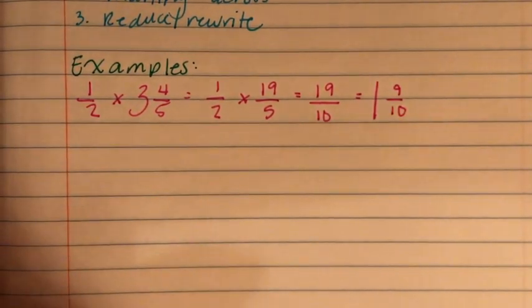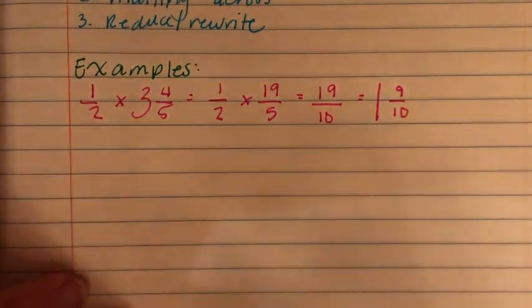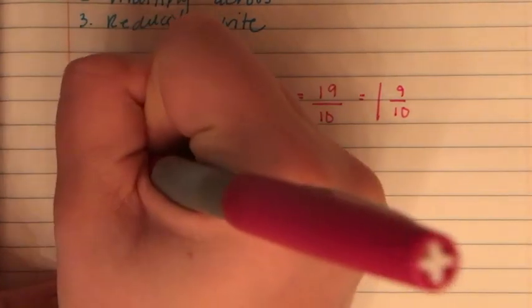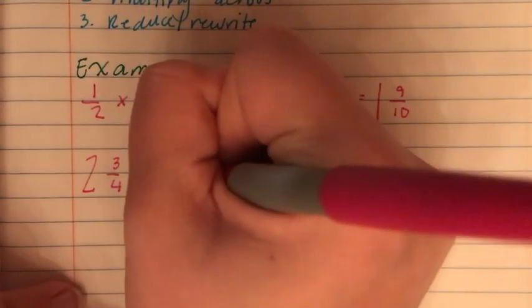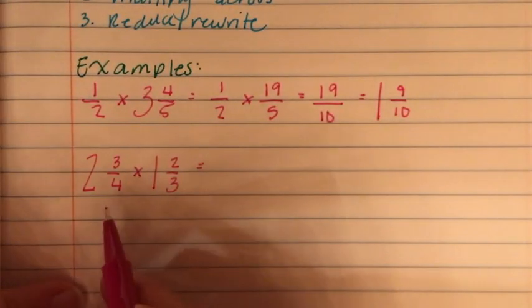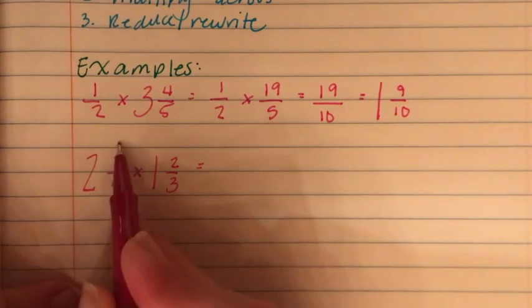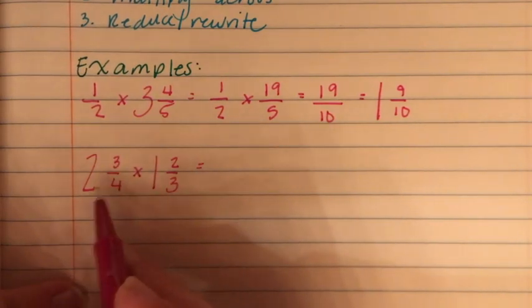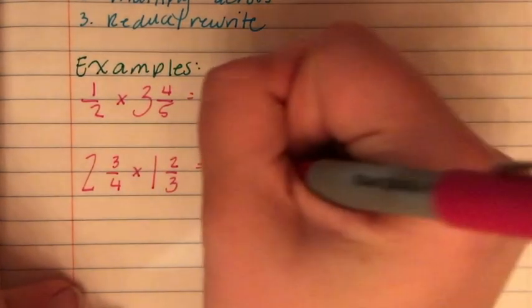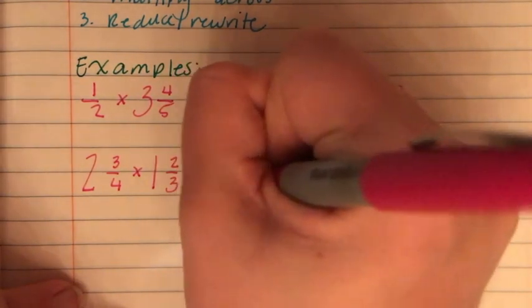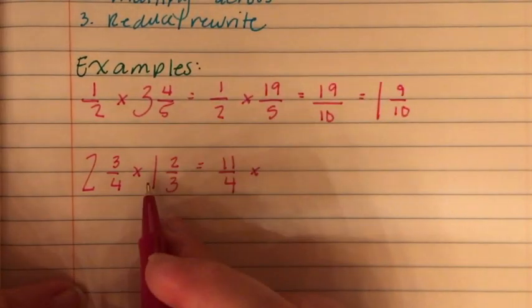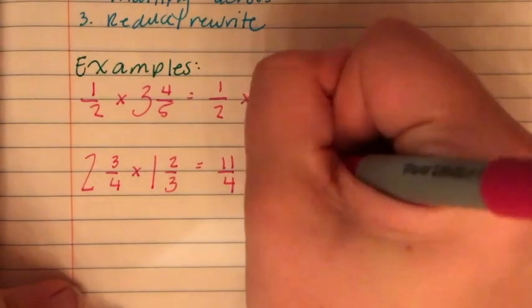Okay, let's do one that involves 2 mixed numbers. Let's do 2 and 3/4 times 1 and 2/3. So I'm going to again multiply, then add. So 4 times 2 is 8, plus 3 is 11. 3 times 1 is 3, plus 2 is 5.